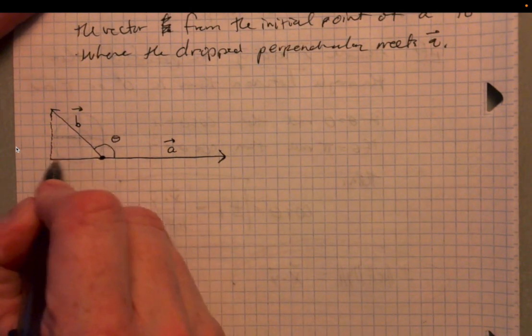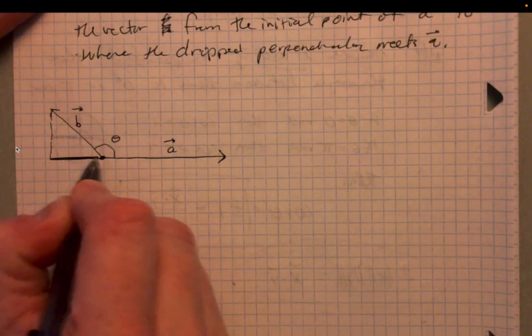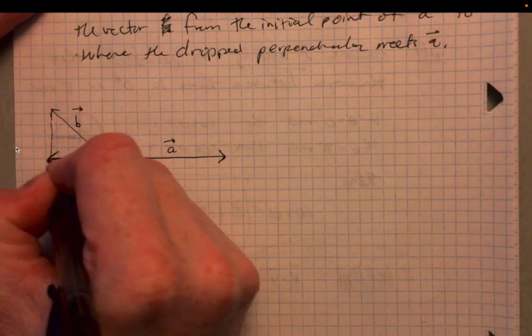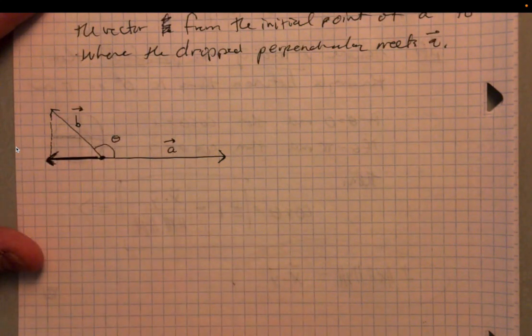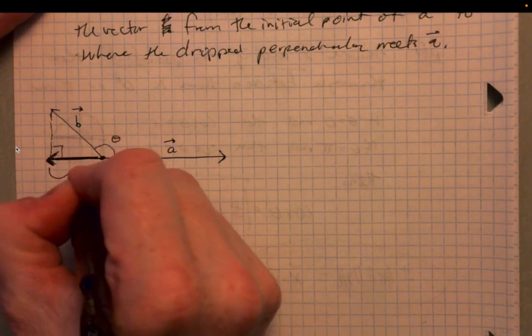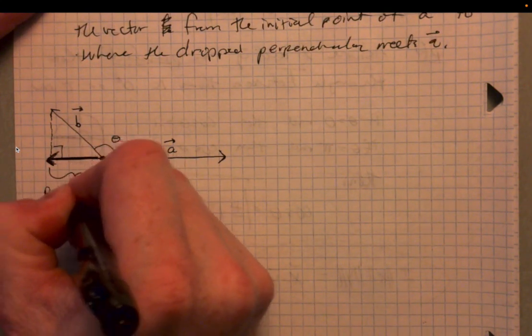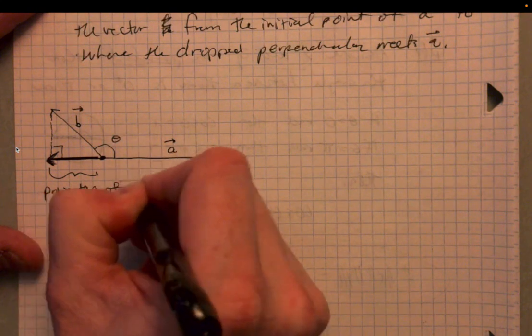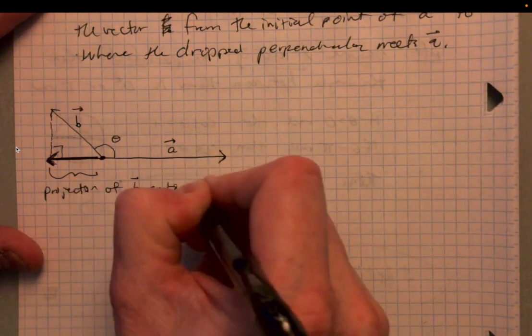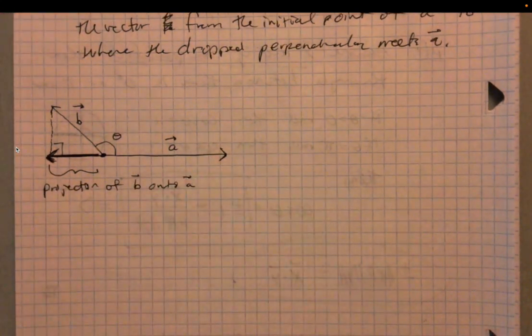And so that's going to implicitly define your projection. Okay, and so again, that's a right angle there. And so this is your projection of B onto A. Okay, so it's the same idea.